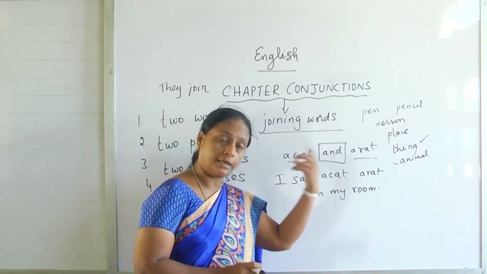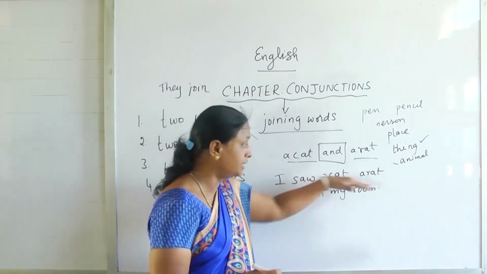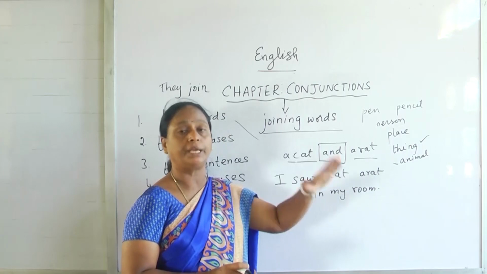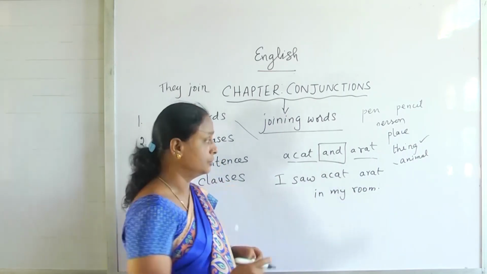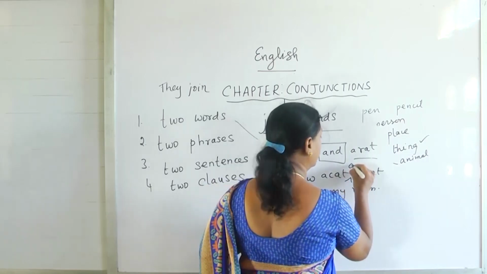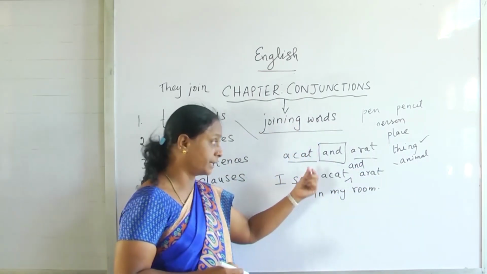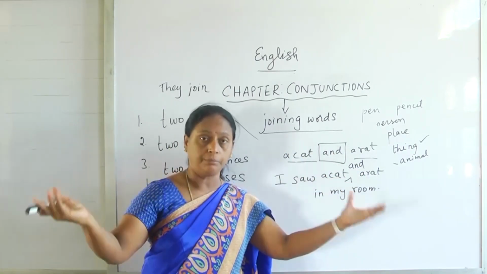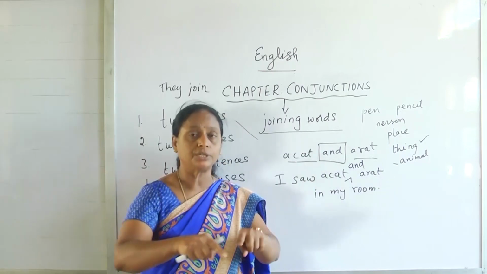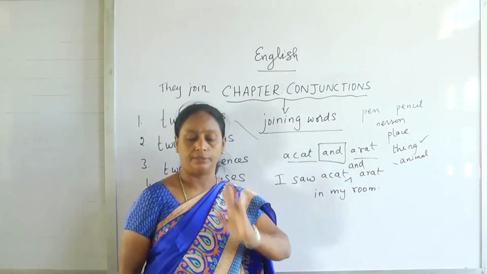So what did you see in your room? I saw a cat and a rat. Both are separate animals, so when you mention them together in your sentence, I need the conjunction and.